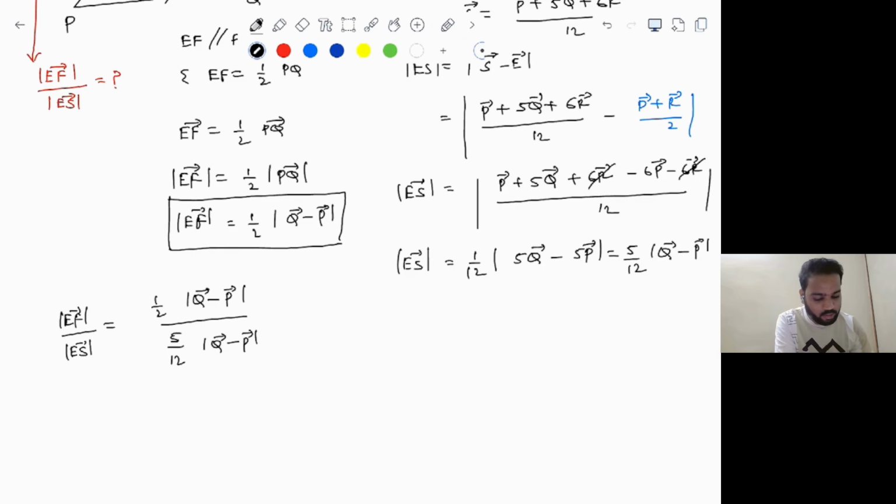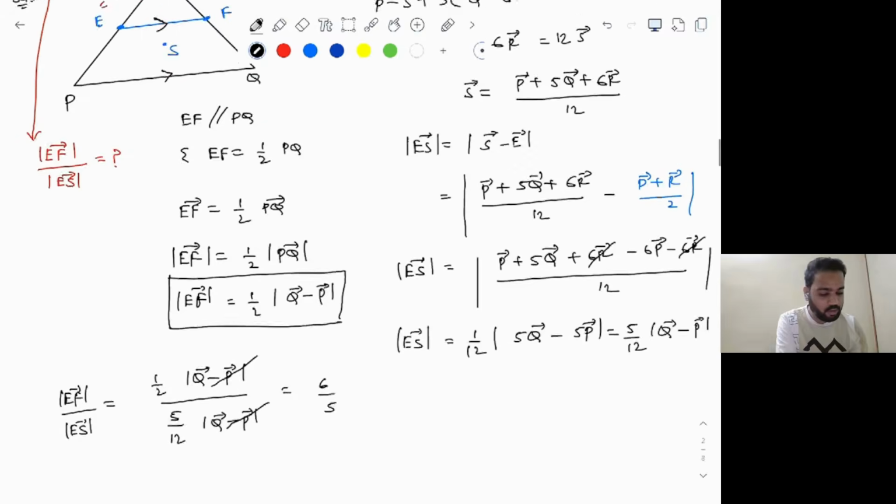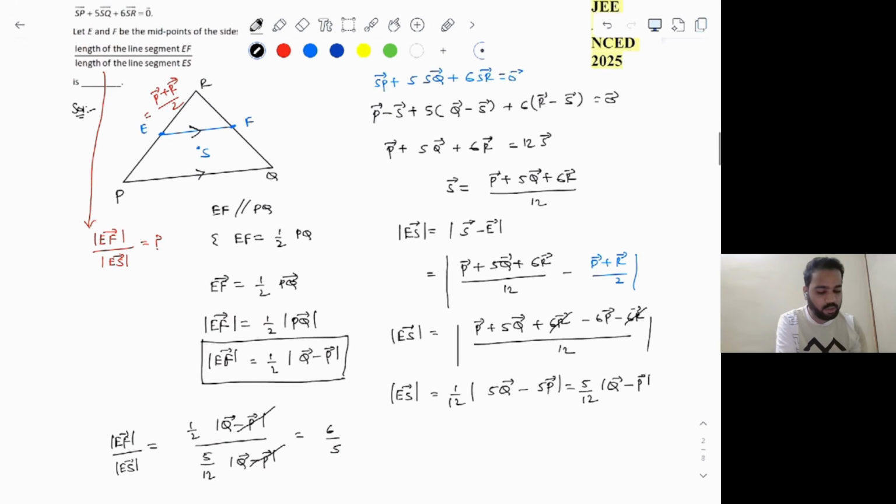The main advantage is this modulus part will be cancelled out and the remaining part is only 6 divided by 5 if you do the remaining calculation. Okay. So this is the value we are supposed to find out, which is equal to 6 by 5.